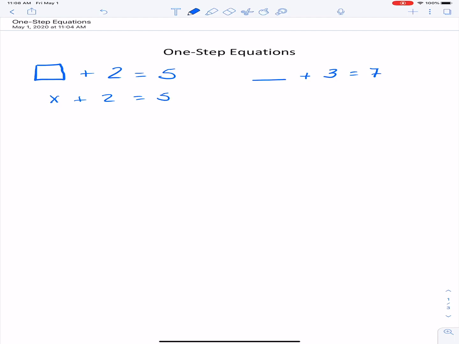Now, with one-step equations, the goal of solving a one-step equation is to find the value of the variable. We call this isolating the variable.